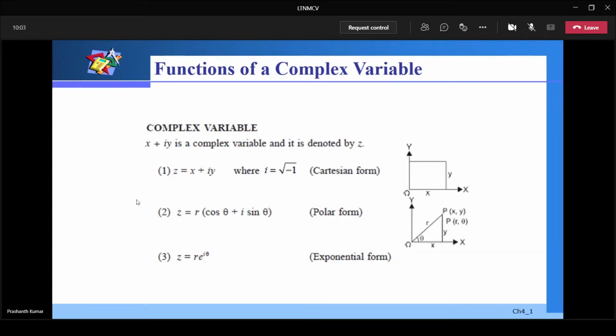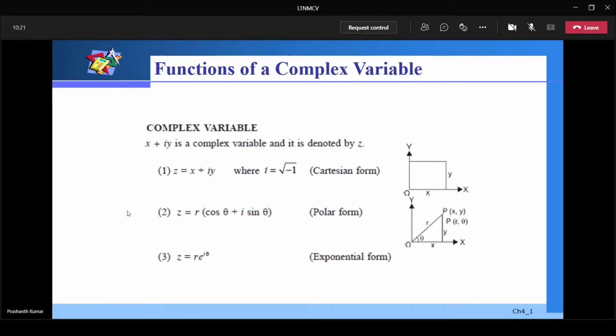This is the exponential form of the trigonometric functions. We take the exponential form e to the power of i theta and we write the complex variable.